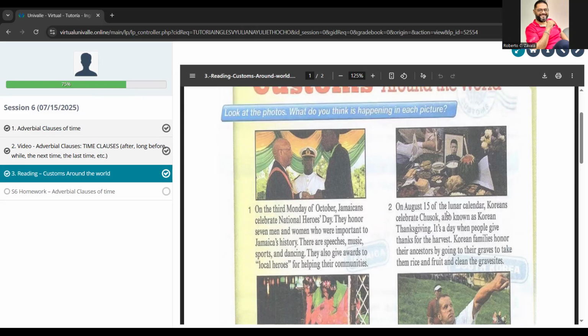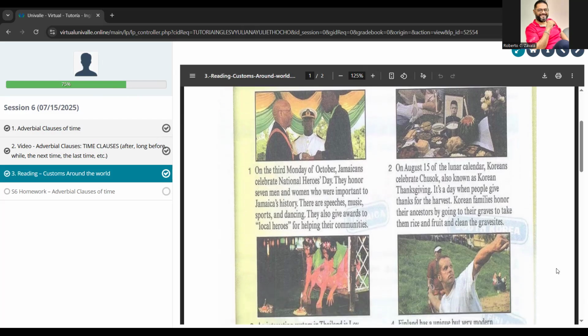Number 2. On August 15 of the lunar calendar, Koreans celebrate Chuseok, also known as Korean Thanksgiving. It's a day when people give thanks for the harvest. Korean families honor their ancestors by going to their graves to take them rice and fruit and clean their graveside.